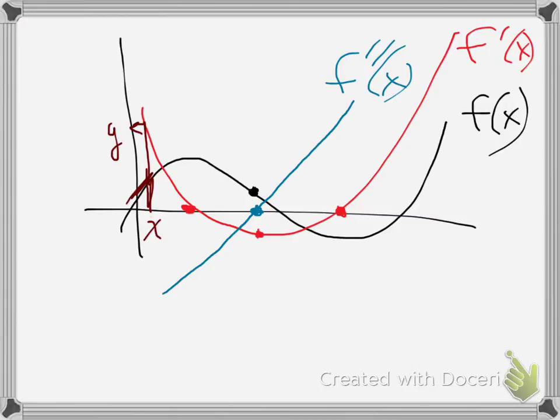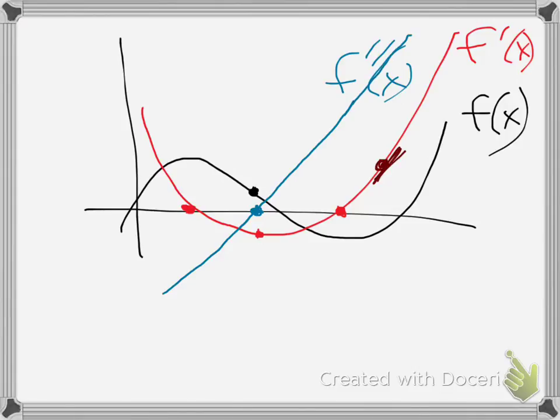Okay? We could do the same thing describing the relationship between the first derivative and the second derivative. The second derivative is functioning as the slope of the first derivative. So, for example, if I am here on my first derivative and I'm wondering what that slope would be, I'd have to extend my blue line a little bit, so let's just extend that line.